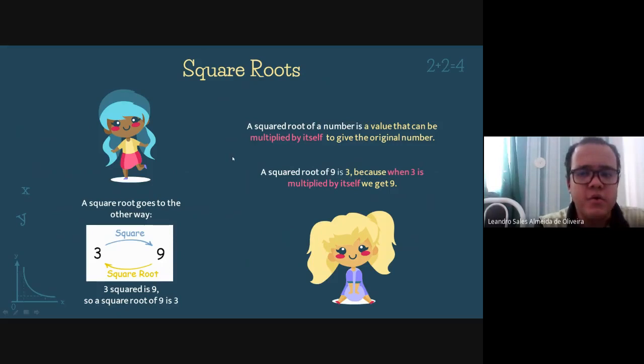A square root of a number is a value that can be multiplied by itself to give the original number. The square root of 9 is 3 because when 3 is multiplied by itself, we get 9. 3 times 3 is 9. So the square root of 9 is 3.